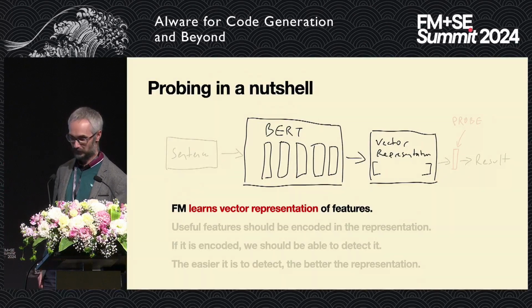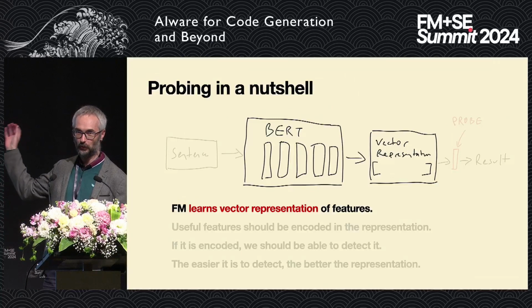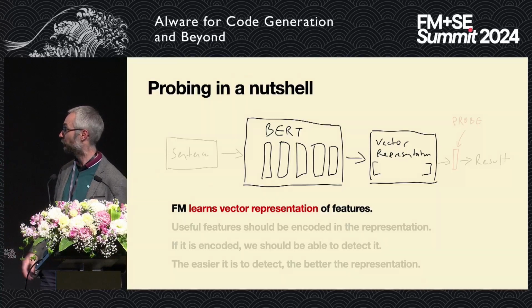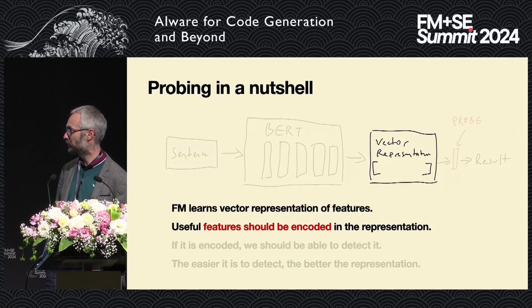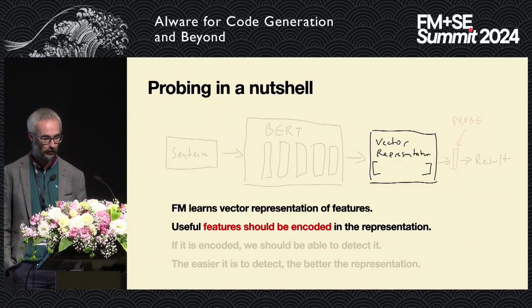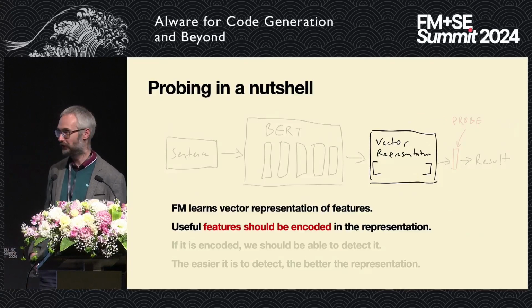We can retrieve the vectors it computes before doing a prediction. The idea is that if the model found some features useful, they should be encoded in the representation that it computes.